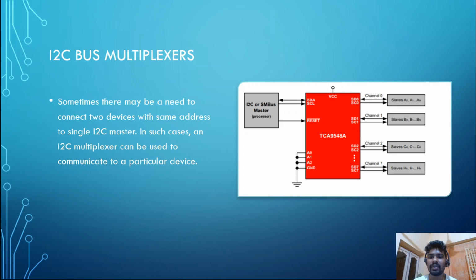This I2C bus multiplexer will have its own address and can be addressed through the same I2C bus. Once the channel is selected, whatever the master sends on the main bus, it will route that data to the selected channel.